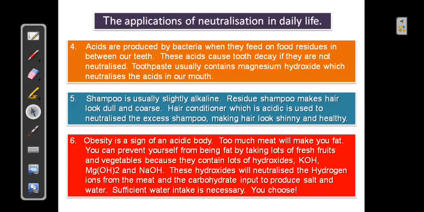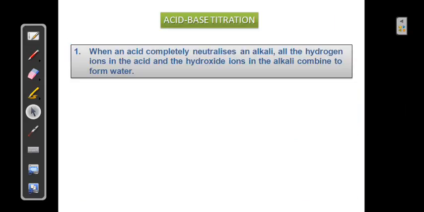Now we come to the acid-base titration. So what is acid-base titration? Number one, when an acid completely neutralizes an alkali, all the hydrogen ions in the acid and the hydroxide ions in the alkali combine to form water, right?